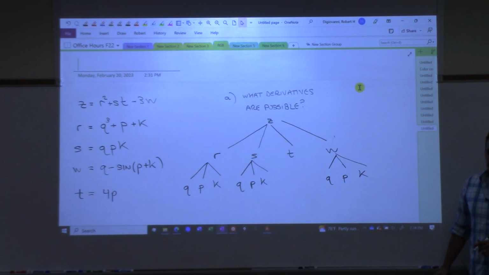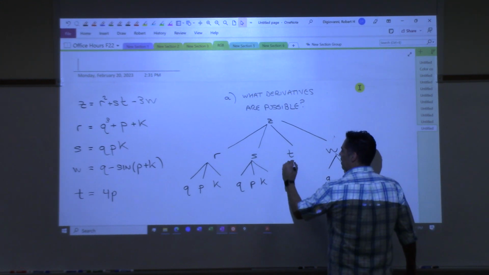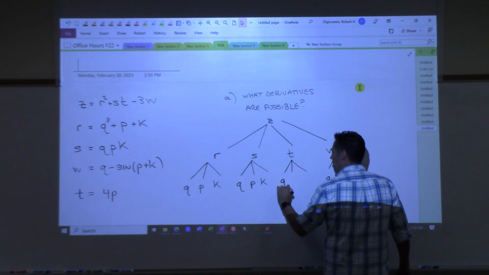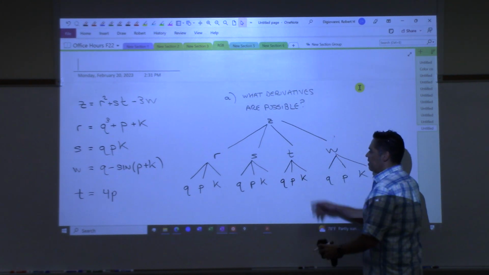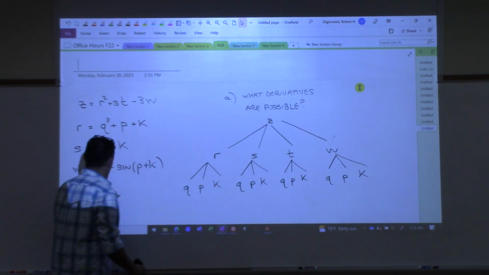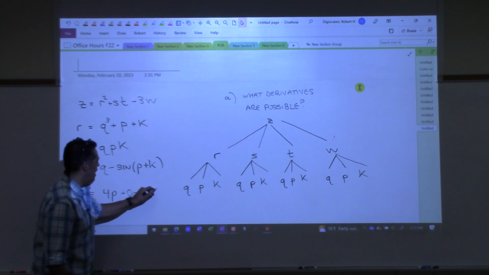What does T depend on? Q. It's the same, but Q and K are 0. Exactly. You could say that T depends on Q, P, K, but over here in the formula, it's almost like you have 0Q, 0K.